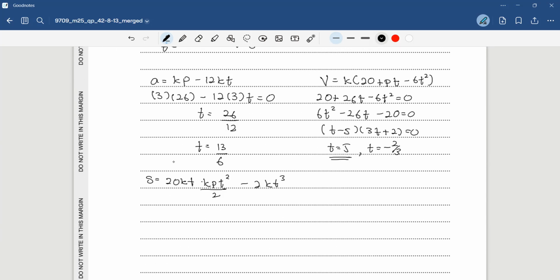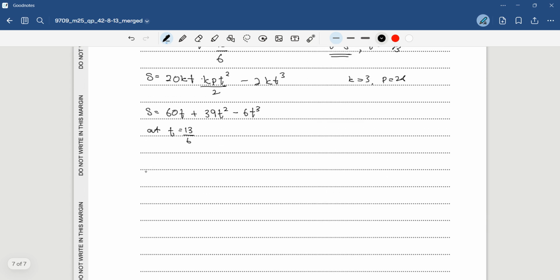Okay, we substitute k and p: k equal to 3, p equal to 26. So you will get 60t plus 39t squared minus 6t cubed. And when t is equivalent to 13 over 6, my s will be 4537 over 18.